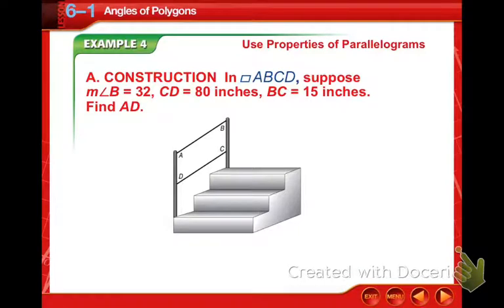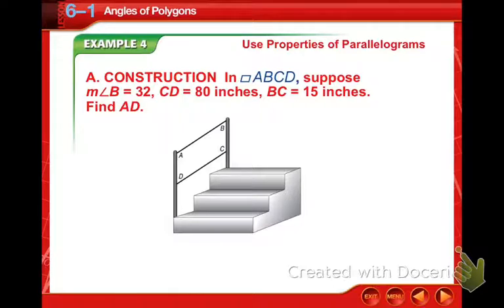So here's our first example here in construction. Notice the shape is still in blue. I couldn't change it. It was an image, so sorry. But still write it. In parallelogram ABCD, suppose that the measure of angle B is 82. The length of side CD is 80 inches, and the length of side BC is 15 inches. We need to find the length of side AD. So if we know two of the sides, we know all the sides, right? It's a parallelogram.